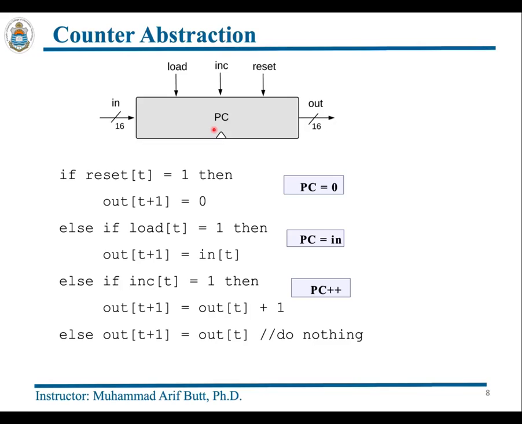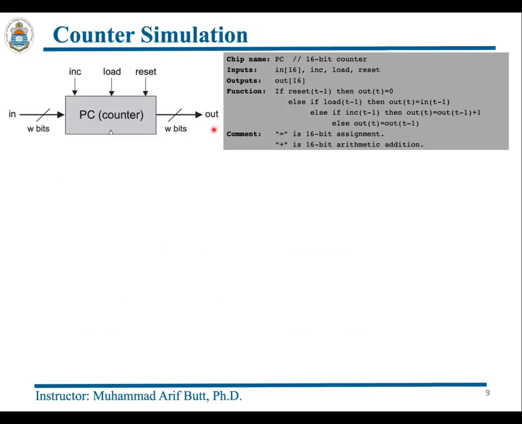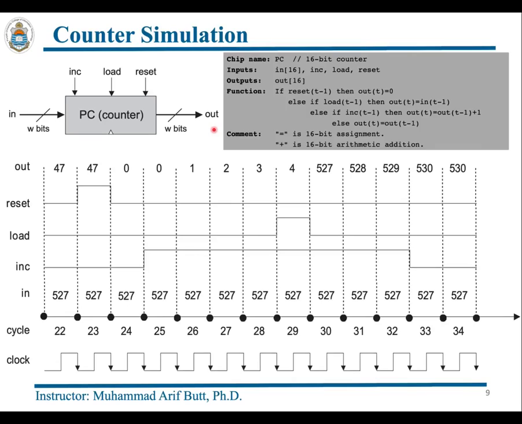So if you have a clear idea of this counter at a very abstract level, let me show you a simulation to have a clearer understanding of how it behaves. So this is the timing diagram. You can see the clock that is ticking in this direction.